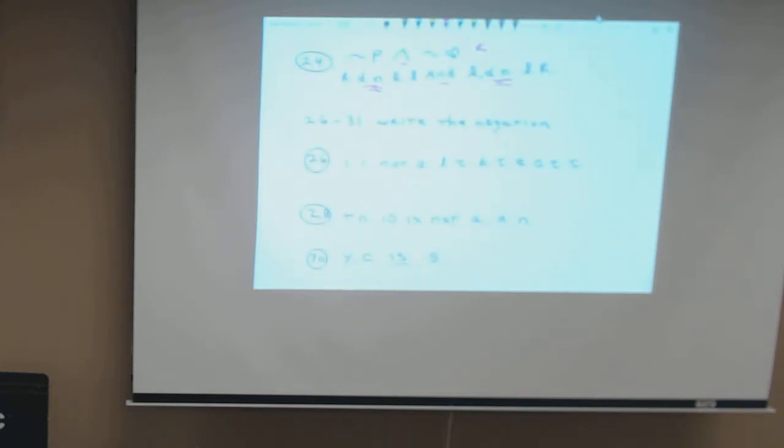26 to 31. Write the negation of each sentence. The negation. What does 26 say? It's a long time before the end of the semester. See how I just take letters?